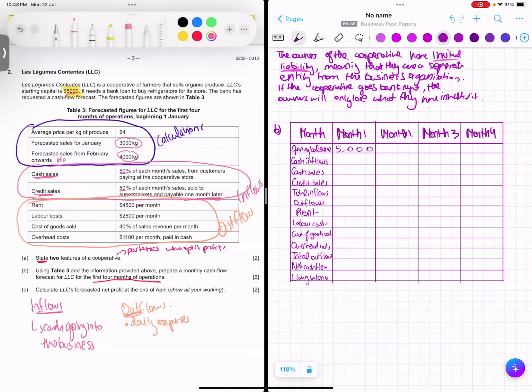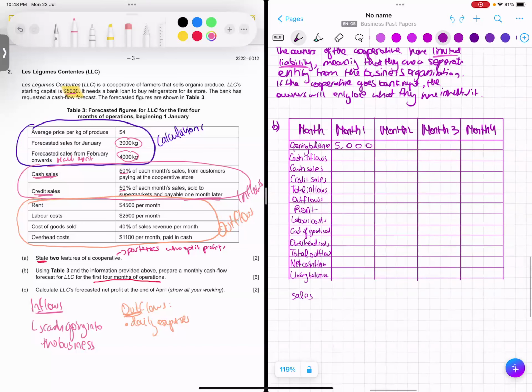Here for February, we do sales, which is price times quantity. We have 3,000 times 4, which is 12,000. So this is our sales.